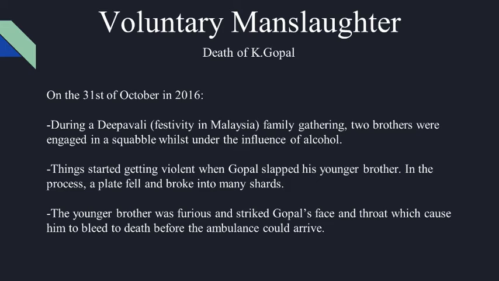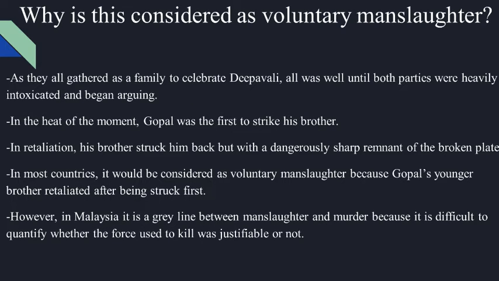Things started getting violent when Gopal slapped his younger brother. In the process, a plate fell and broke into many shards. The younger brother was furious and struck Gopal's face and throat, which caused him to bleed to death before the ambulance could arrive. Why is this considered as voluntary manslaughter?